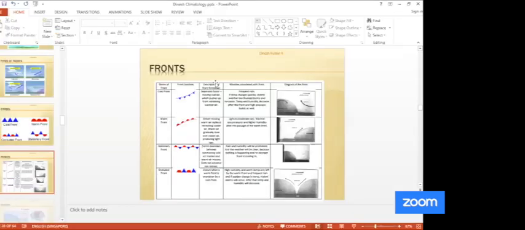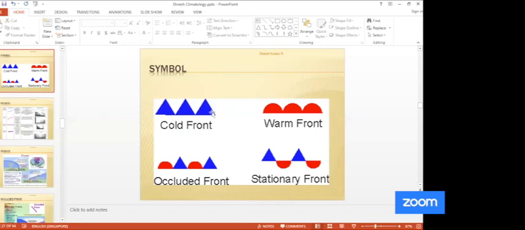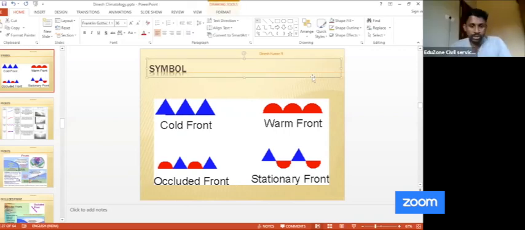So this is how a warm front is represented. This is how a cold front is represented. I will show the slides, but remember, this is how it is represented. Yes, see this one. This is your cold front. You have sharp ends. And this is how your warm fronts are represented. Clear? That is the representation. So these are the first two types: cold front and warm front.